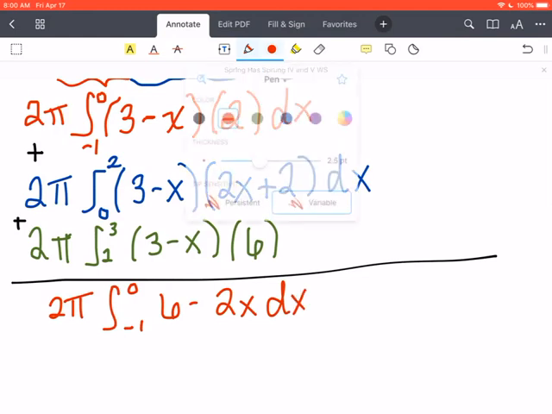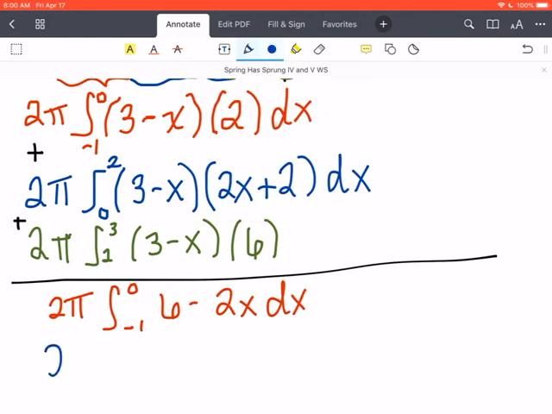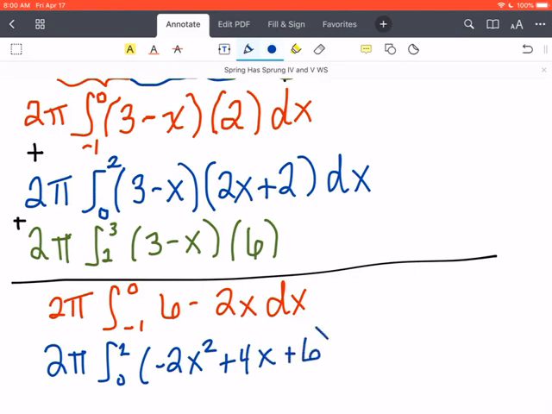And then in blue we have 2 pi times the integral. We're going to FOIL and we will get -2x squared plus 4x plus 6. I'm not showing the steps of doing that, double distributing.